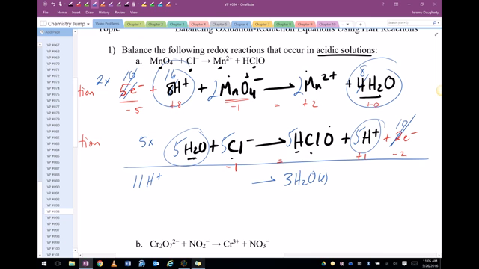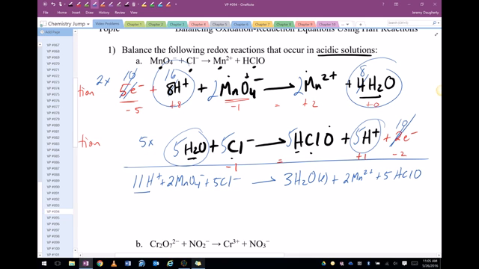Really, nothing else should cancel out. But it might. Double check just to make sure. Don't want to assume. Okay, now it should be all balanced. So let's check. First, let's make sure that all the atoms are balanced. So what do we got?